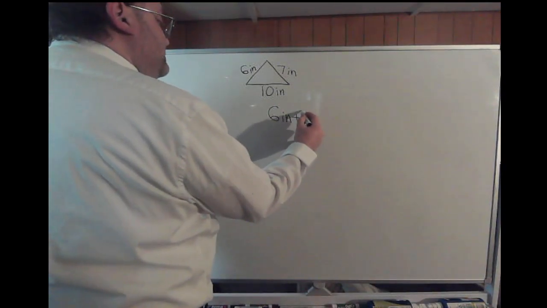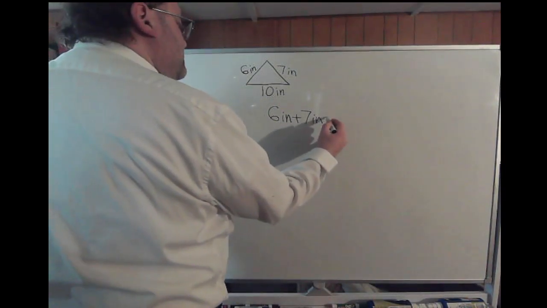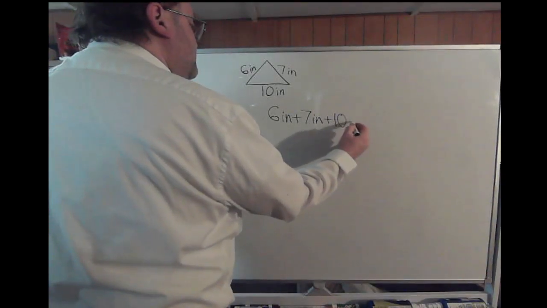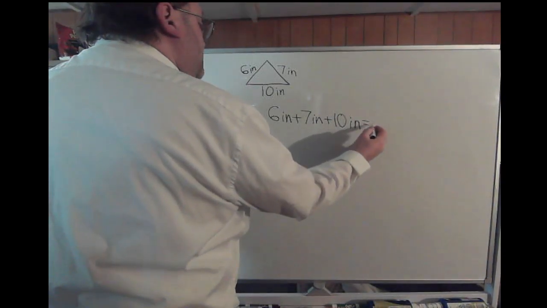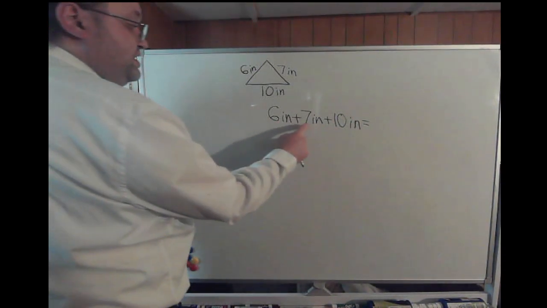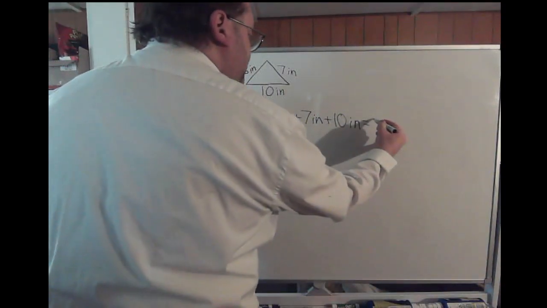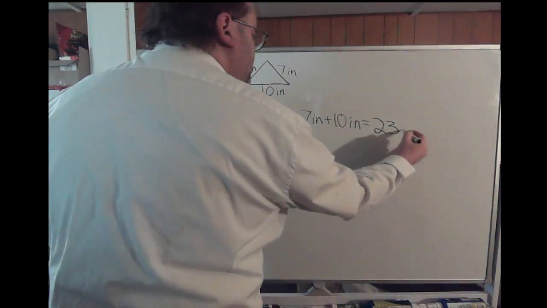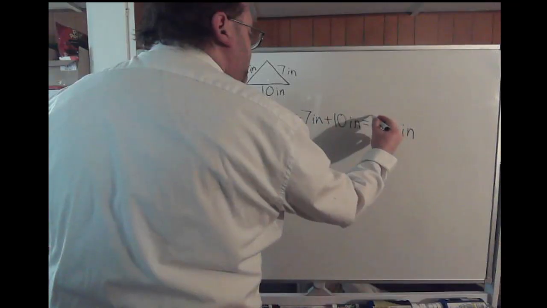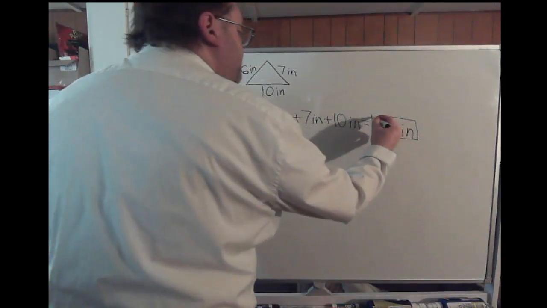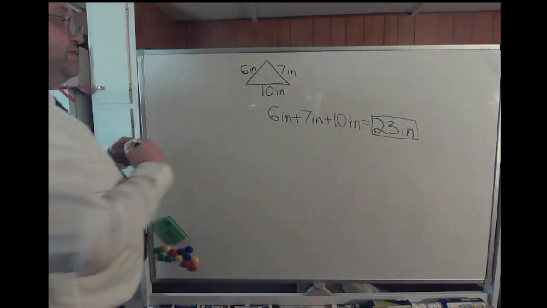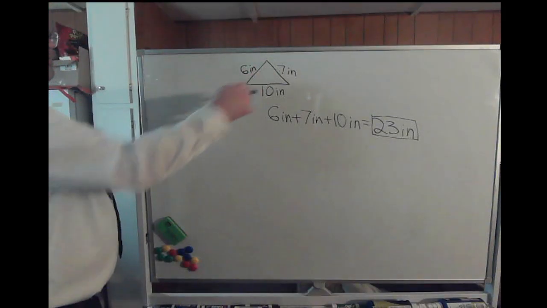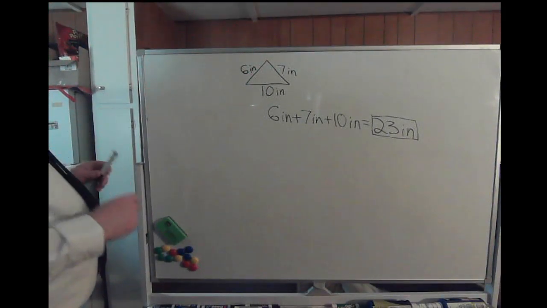So you'll add 6 inches plus 7 inches plus 10 inches, which would equal 6 plus 7 is 13 plus 10 is 23. So your perimeter would be 23 inches of this triangle.